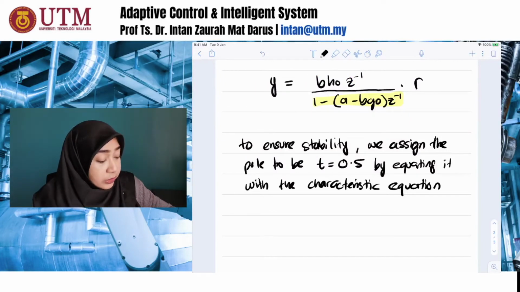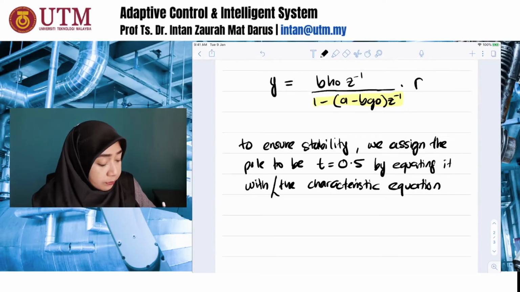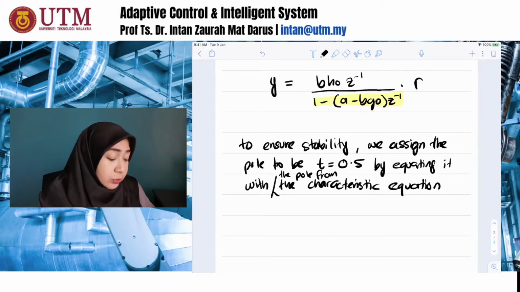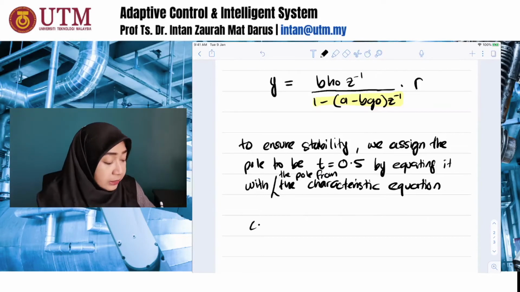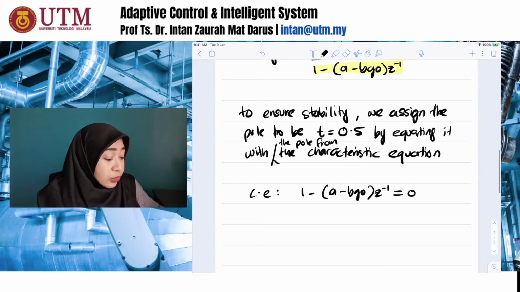So actually what I want to say here is by equating it with zero, to find the poles of your characteristic equation, not by equating with the characteristic equation. All right, so the characteristic equation is 1 minus (A minus BG naught) z^-1. This is equal to 0 to find your poles. All right, and then you know that z^-1 is actually equal to 1 over z.